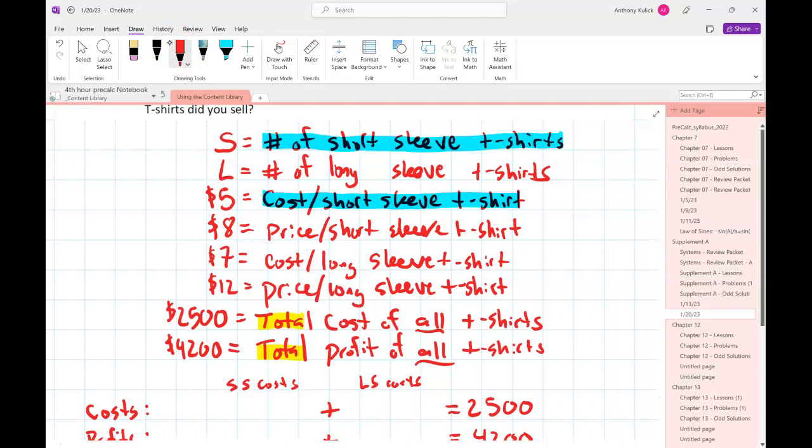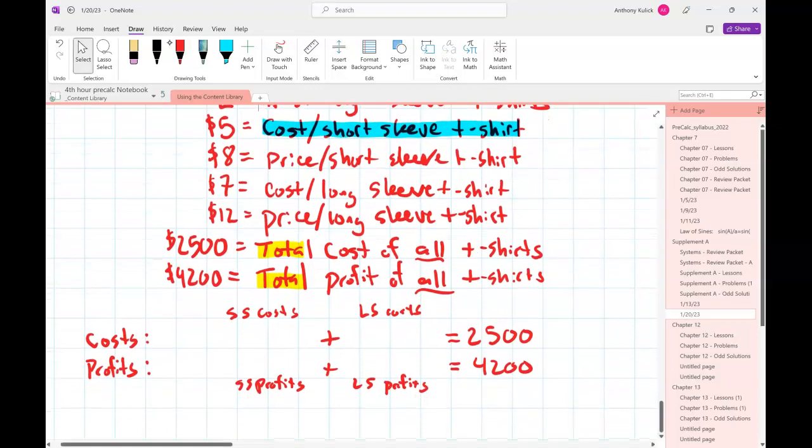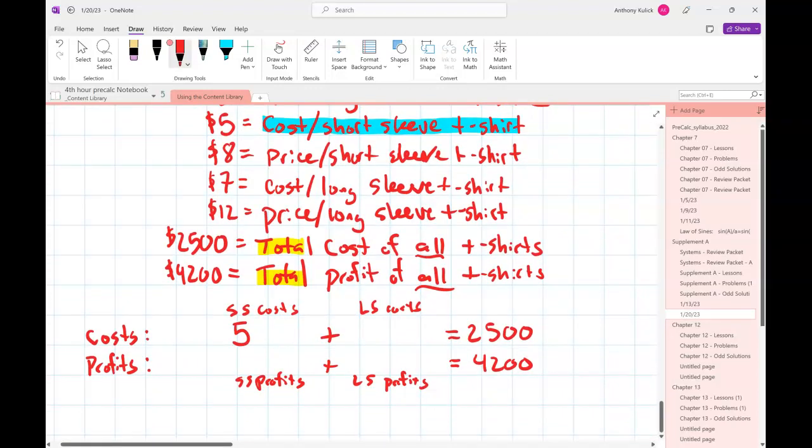So if I bought 5 t-shirts at $5, how much did that cost? $25. How did you get 25? You multiplied the price per shirt by the number of shirts. Everybody, does that feel very natural? So my short sleeve cost is going to just be the price per shirt times the number of shirts.